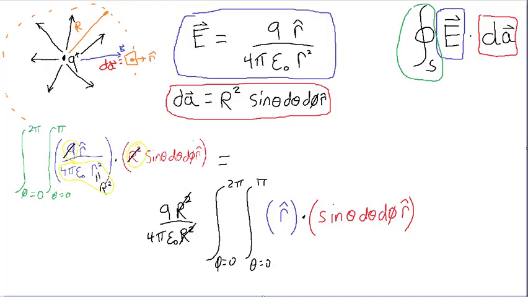Now this might at first glance look a little intimidating to take the dot product of this, until we recognize that the dot product of any two vectors is nothing more than the multiplication of the respective components and then added up with all the other components. Well, the electric field, we pulled out all of the constants. It turns out it was a simple enough problem where the only thing that we're left with is just the direction itself. So that's basically a constant of 1. So we have an r hat vector that represents the E field.